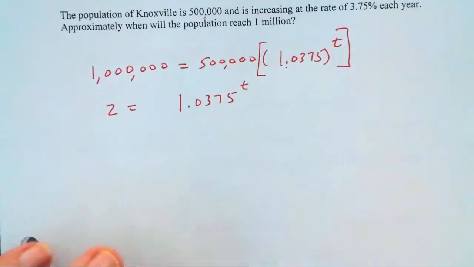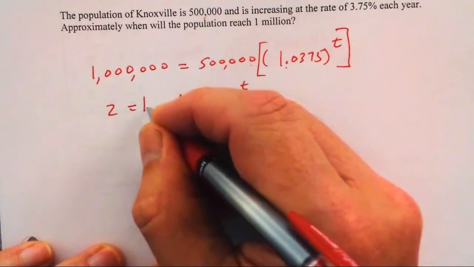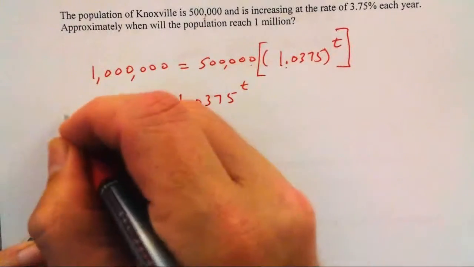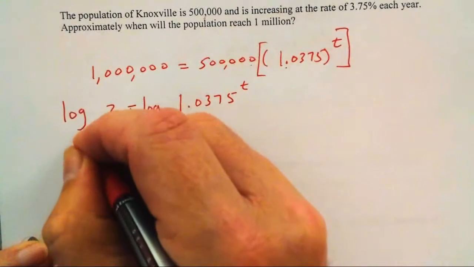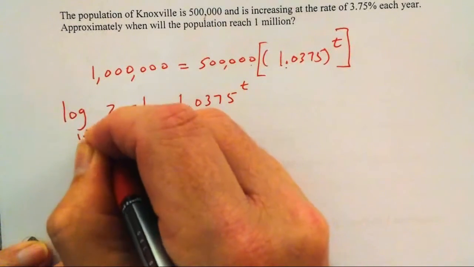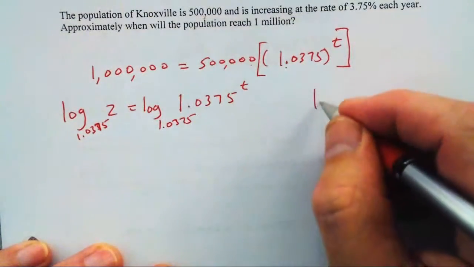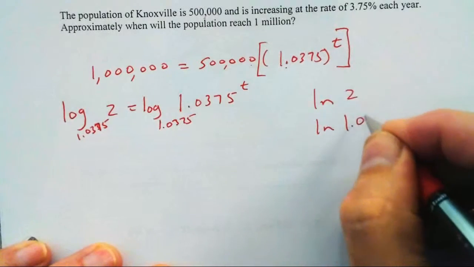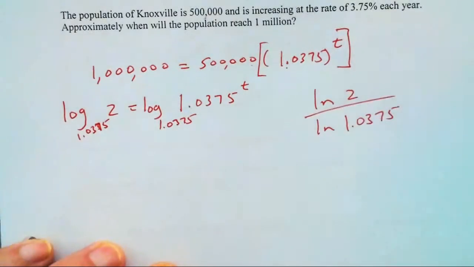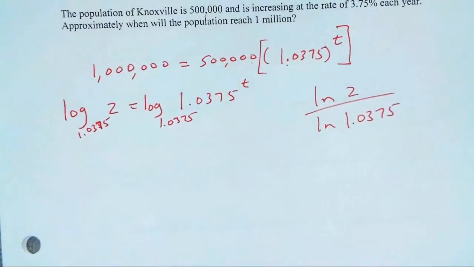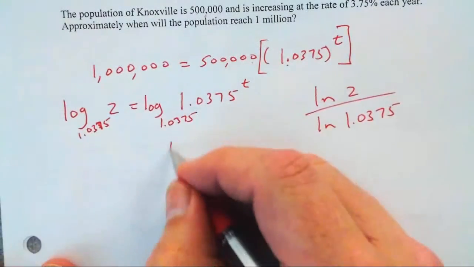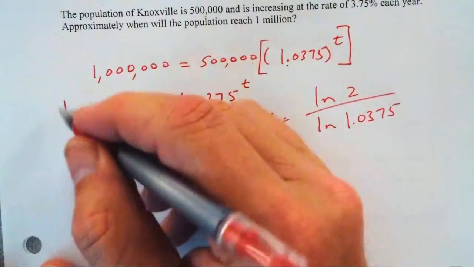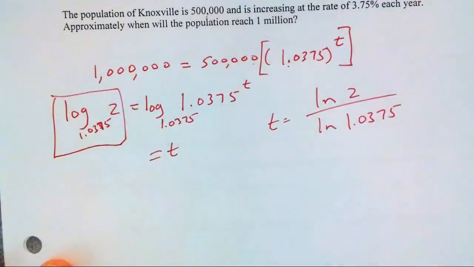It makes sense. All right, so if you've got the calculator, you could go log base 1.0375 of 2. Otherwise, you're going to end up with ln of 2 on ln of 1.0375. Let's make certain that we end up with the same answers regardless how we're doing it. So this would be t equals. If you got the calculator that handles that, great.